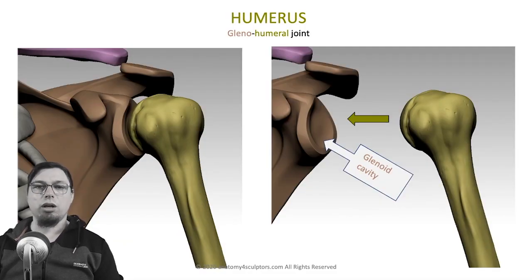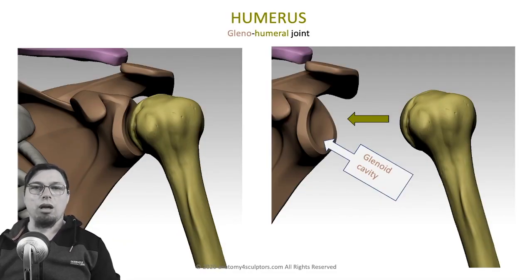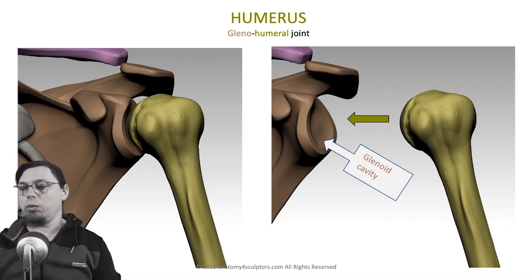The humerus articulates with the scapula, and this joint is called the glenohumeral joint. Basically, the glenohumeral joint is this: there is this glenoid cavity, a very shallow cavity of the scapula, and a quite round head of the humerus. And why is it so?